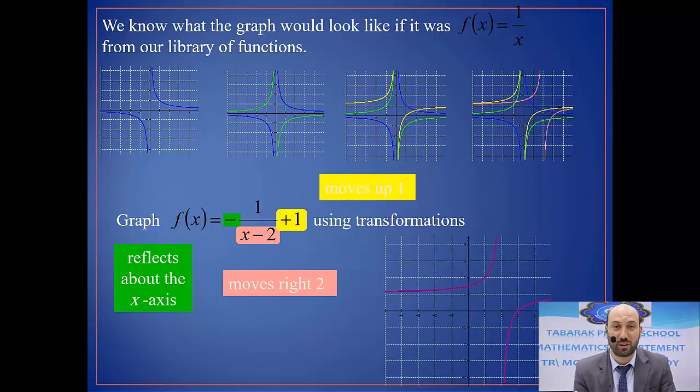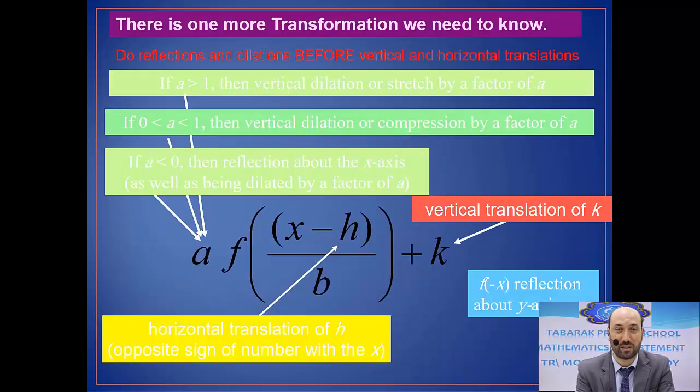There is one more transformation we need to know. The reflection and dilation come before vertical and horizontal translations. If a is greater than 1, then it is a vertical dilation or stretch by a factor of a. If a is greater than 0 and smaller than 1, then it is a vertical dilation or compression by a factor of a.